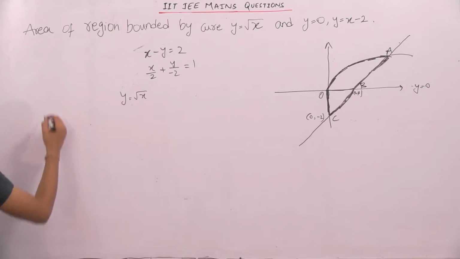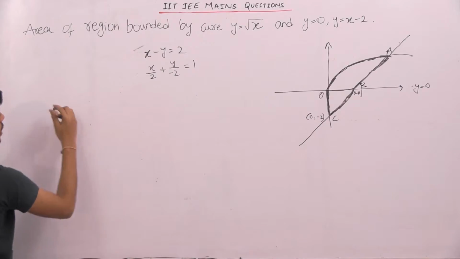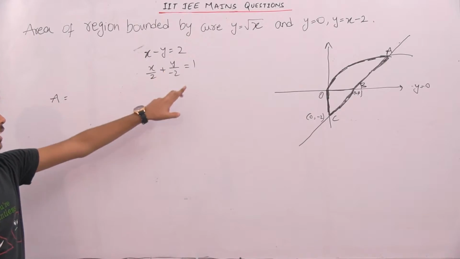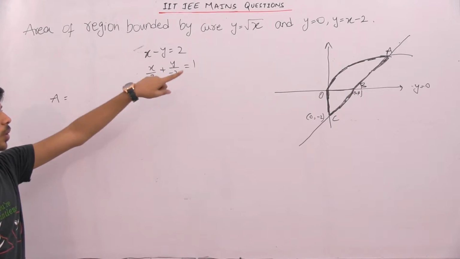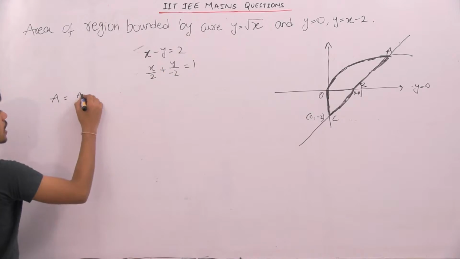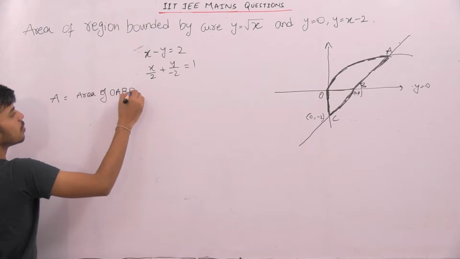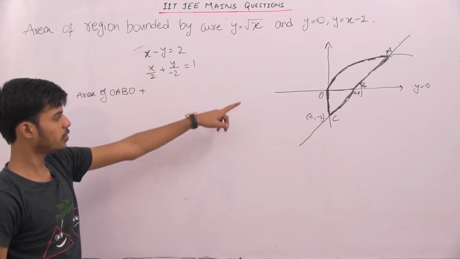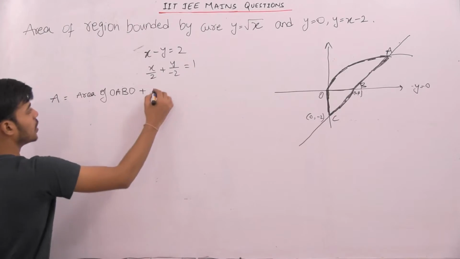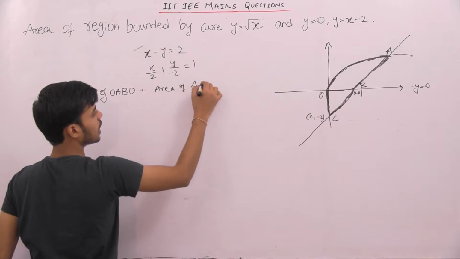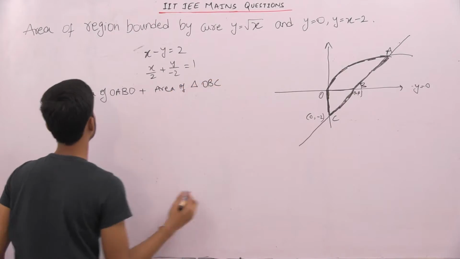So the total area required can be divided into two regions. The area covered by OABO plus the area of triangle OBC.